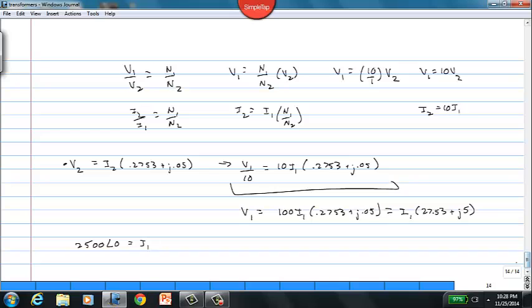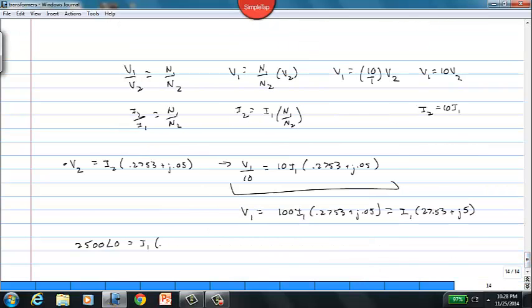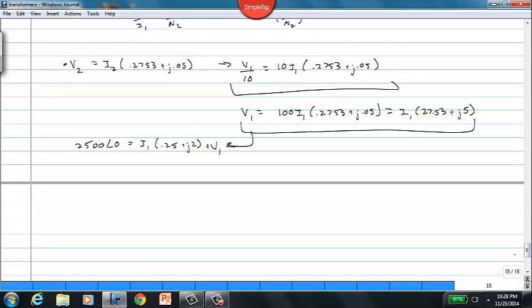Sorry about that. Equals I1 times 0.25 plus J2 plus V1, and we just substitute that in. And so that gives us 2500 at an angle of 0 degrees is equal to I1 times 0.25 plus J2 plus I1 times 27.53 plus J5.